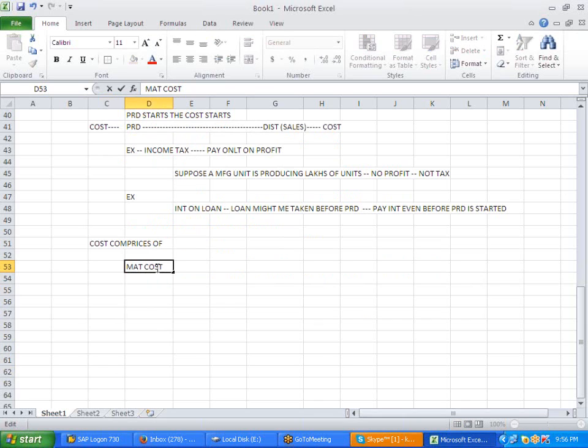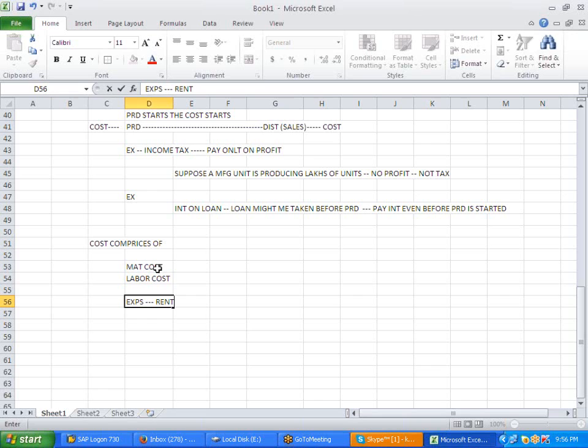Material cost, labor. All those costs which are other than material cost and labor cost, I call those as expenses. Again I repeat, other than my material cost and labor cost, I treat those as expenses.